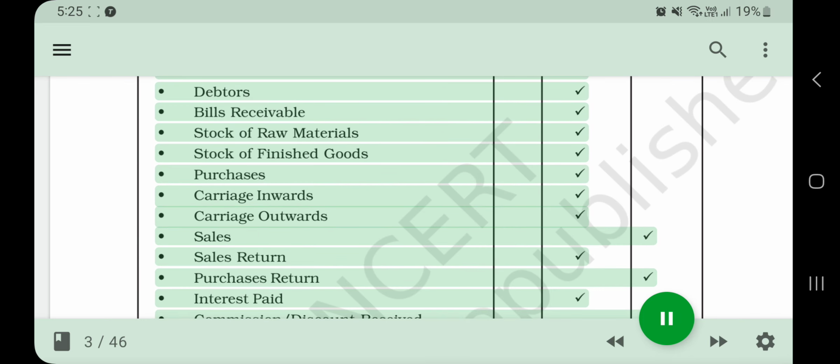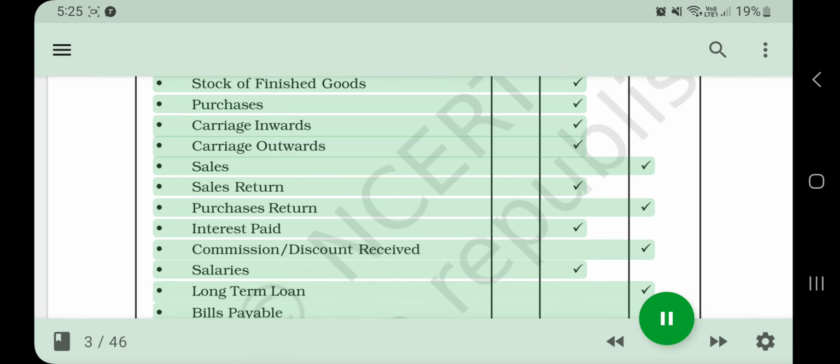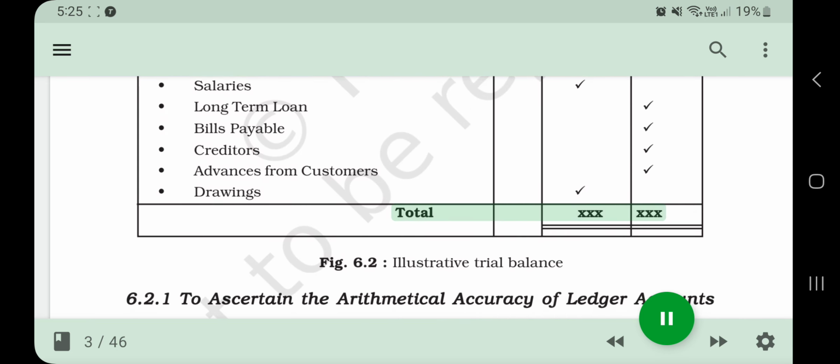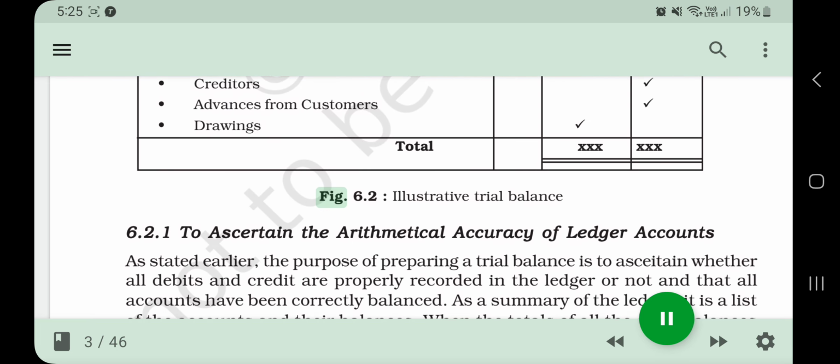Capital, land and buildings, plant and machinery, equipment, furniture and fixtures, cash in hand, cash at bank, debtors, bills receivable, stock of raw materials, stock of finished goods, purchases, carriage inwards, carriage outwards, sales return, purchases return, interest paid, commission, discount received, salaries, long-term loan, bills payable, creditors, advances from customers, drawings. Total XXXXXX. Fig. 6.2. Illustrative trial balance.